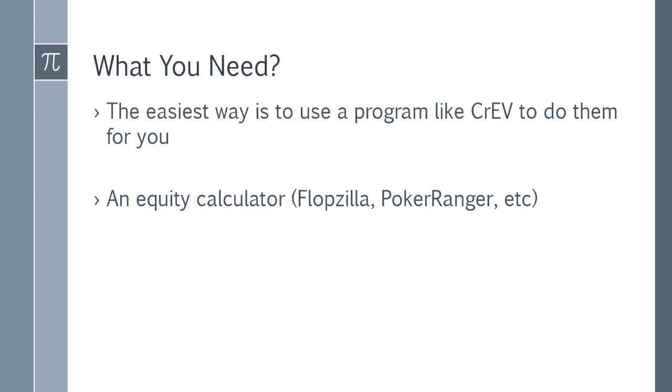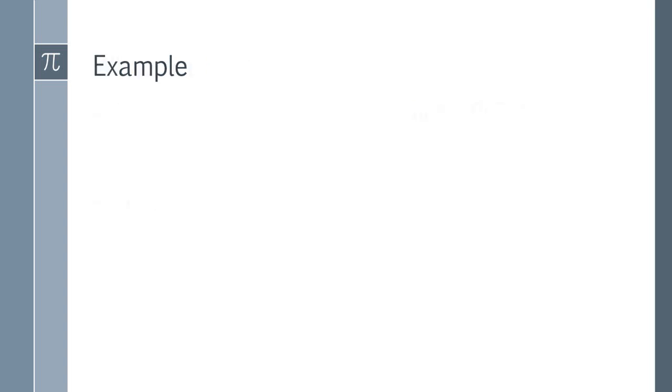There's a program called Poker Ranger. If you go on Google and Google Poker Equity Calculator, there's a whole bunch of them out there, some for very cheap, some for free, and some for a little more expensive. So just go out there and find what you think is going to work best for you. And that's it. Once you have those things, you are set to run calculations as long as you know the steps. And so we're going to run through an example here.